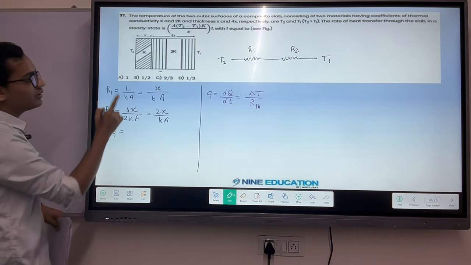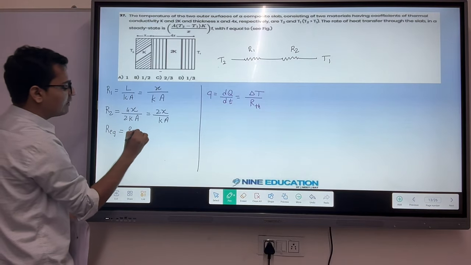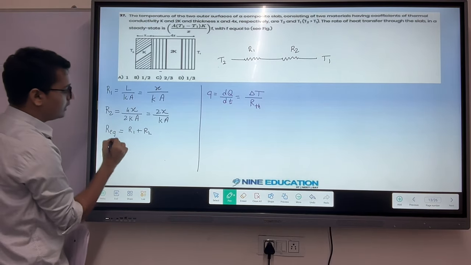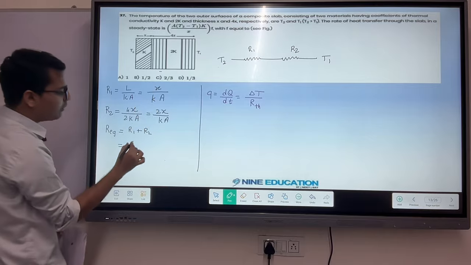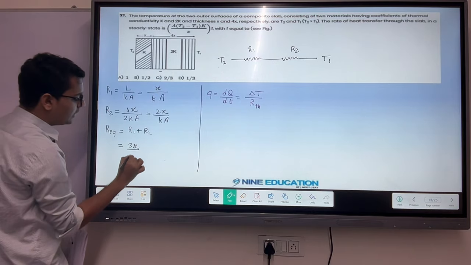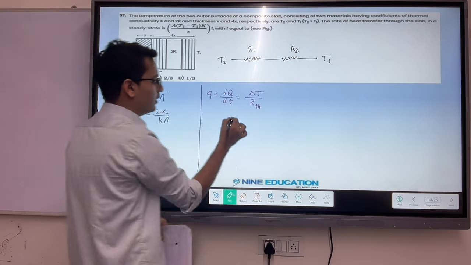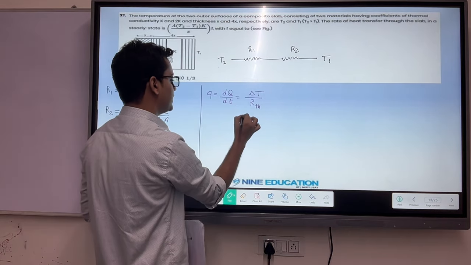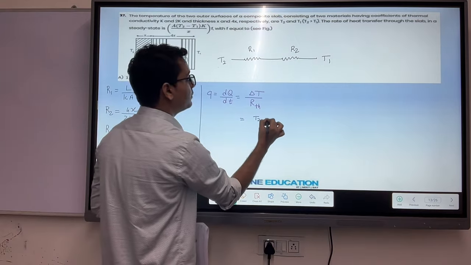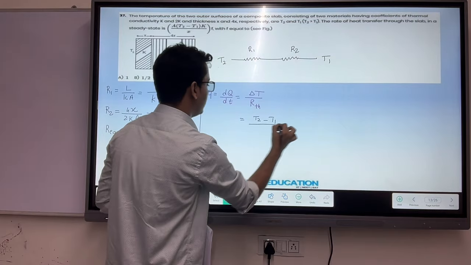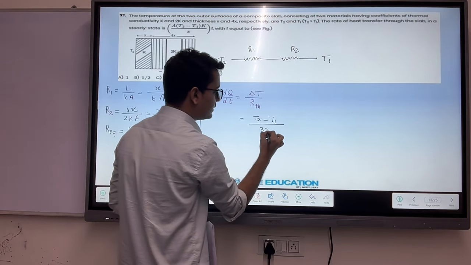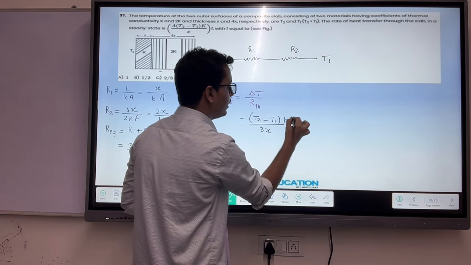The thermal resistance between T1 and T2 is basically R1 plus R2. They are in series. You directly add them. X by Ka plus 2x by Ka becomes 3x divided by Ka. So delta T is basically T2 minus T1 divided by thermal resistance 3x divided by Ka.